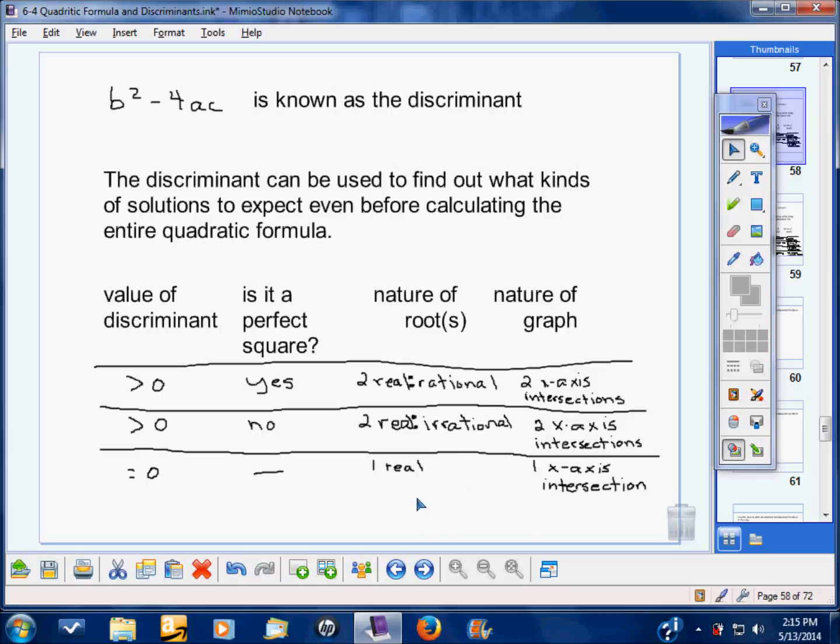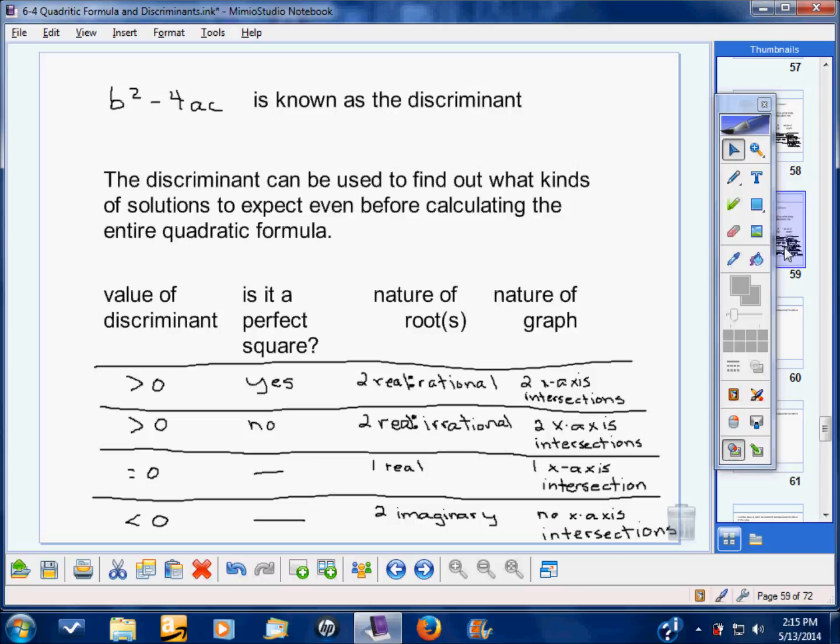So you wouldn't have 2 real roots, you would have 2 imaginary ones. Where will it cross the x-axis? Not at all. So if it's less than 0, you'll have 2 imaginary roots, and it will not cross the x-axis at all. If you tried to graph it, you wouldn't be able to solve it by graphing.